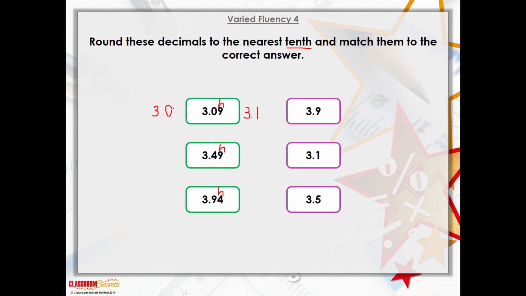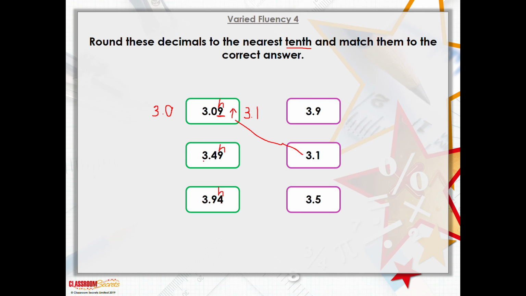So the first job that we've done is we've thought about which tenths are either side of that number on a number line, 3.0 and 3.1. When I underline this digit in the hundredths column, it's a 9. The 9 tells me to round up, so 3.09 rounded to the nearest tenth would be 3.1. Do I have 3.1 there? Yes, I do. Excellent.